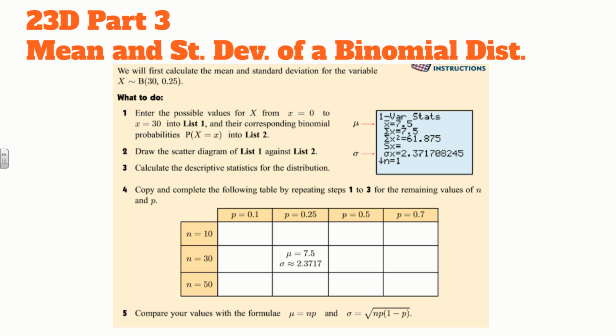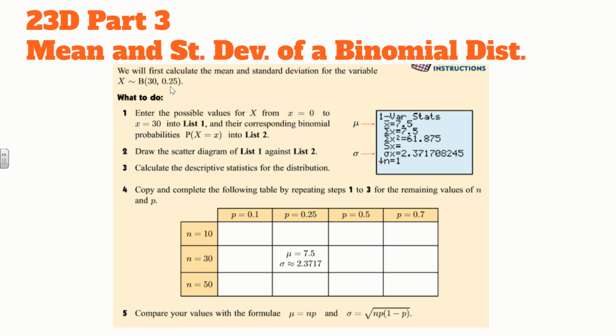In this section, we're taking a look at 23D Part 3, the mean and standard deviation of a binomial distribution. If we were in class, I'd have you work through this investigation for a binomial random variable with n equals 30 and probability of success being 0.25.